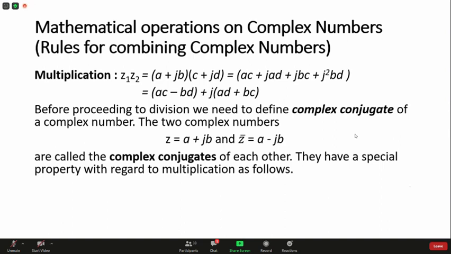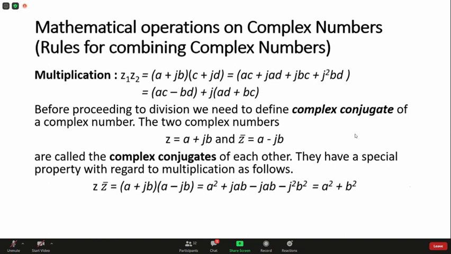Now see some special properties of the complex conjugate. Right. Now see, if you multiply Z and Z bar, that is A plus JB, A minus JB. You know, in the first semester we have been discussing this kind of multiplication so many times.